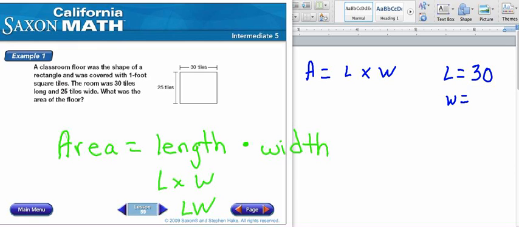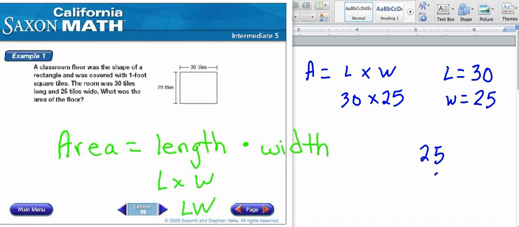Width equals 25. And you do need to write this for your problems. I need to know what each variable, that's what the letters are called, equals before I plug them into my formula. So now I can go back. 30 times 25, and then I can solve it.